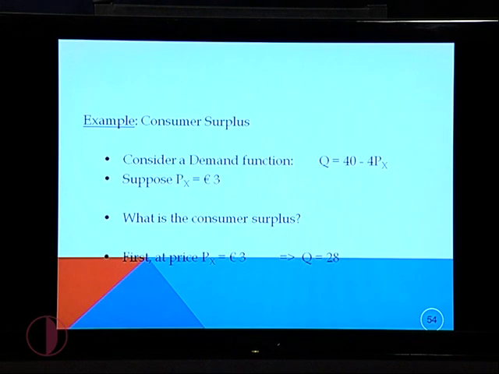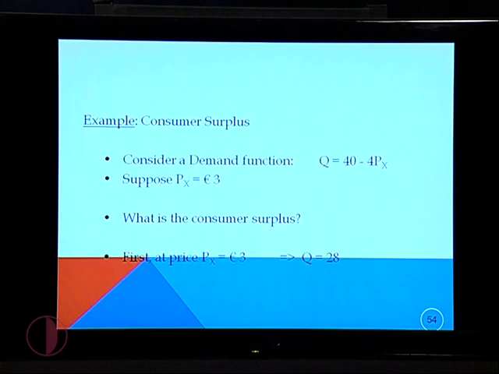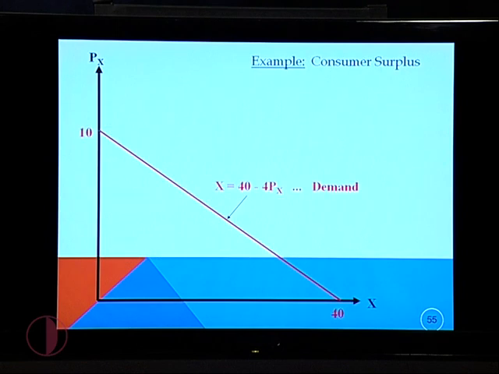Let's first find the Px on the curve, then we estimate the Q for the given amount.